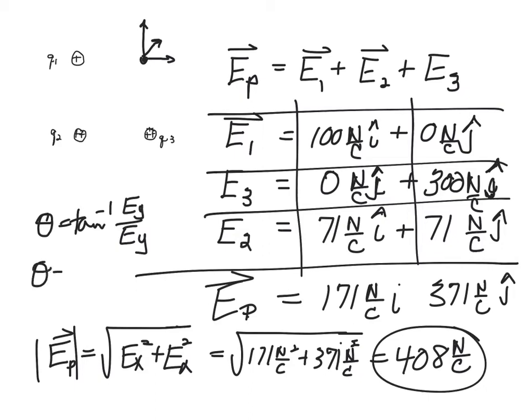So the theta would be the 371 newtons per coulomb over 171 newtons per coulomb. Notice the units cancel, and the inverse tan of 371 over 171 is about 63 degrees, if I can remember correctly.